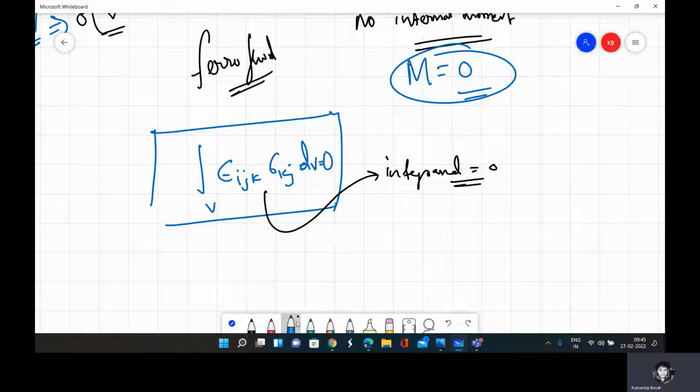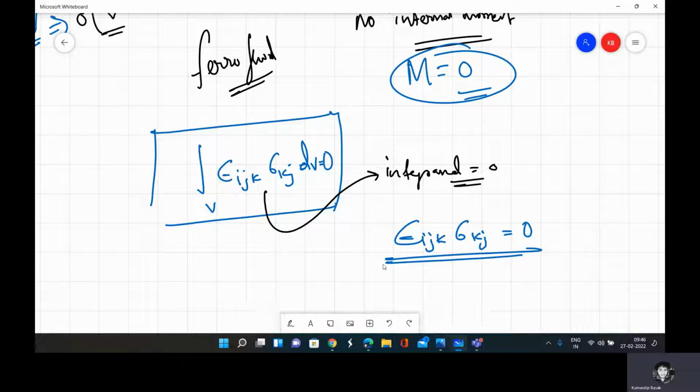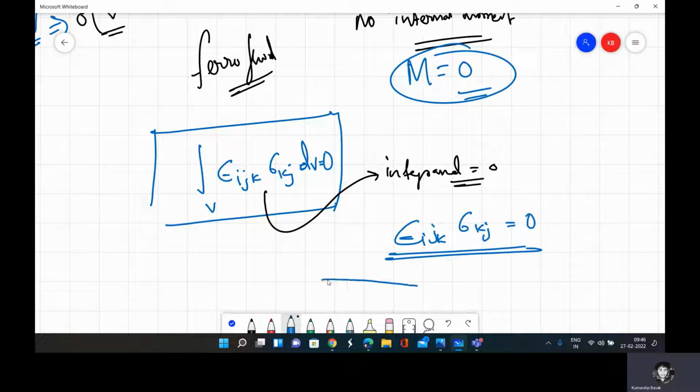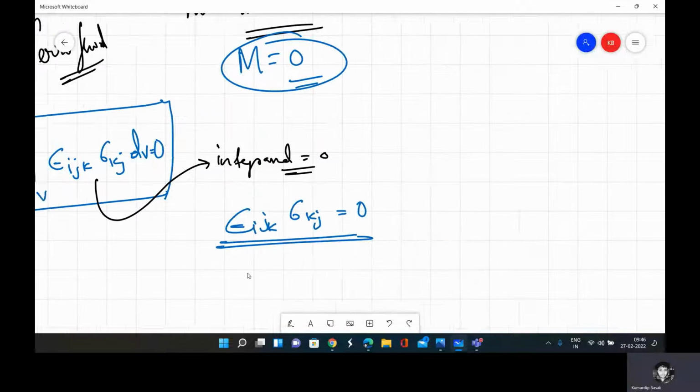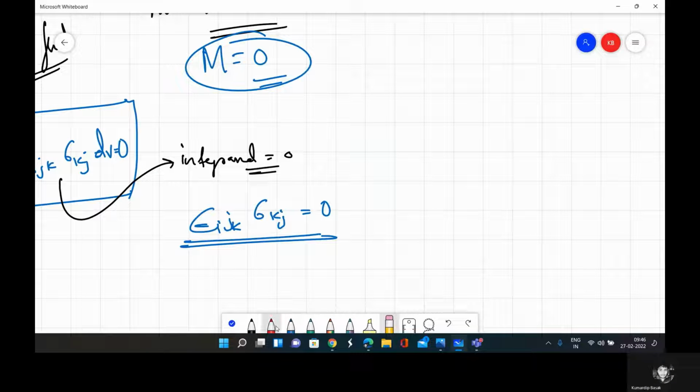So from there what we can get is epsilon ijk sigma kj equals 0. You solve this by applying different i, j, k.